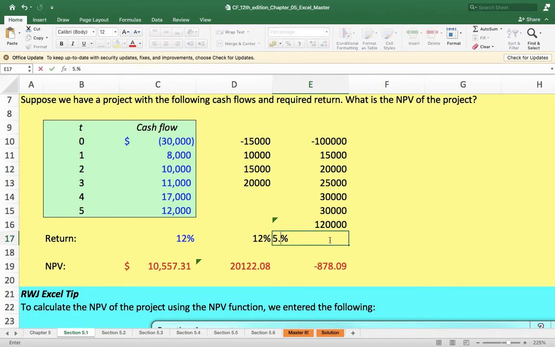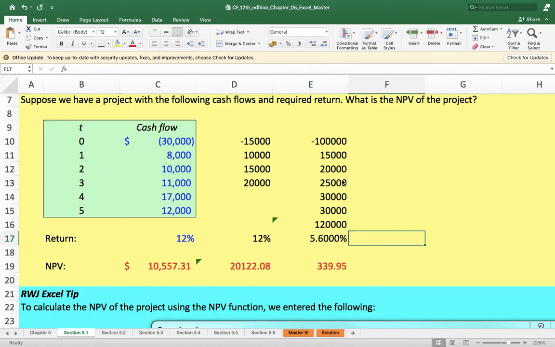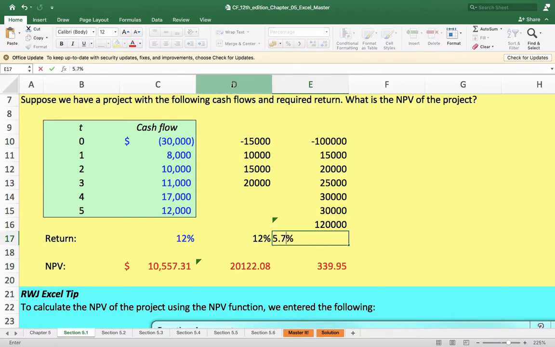Say for example 5.5%, still you have positive. Let us make it 5.6, still positive. That means maybe 5.7, 5.75.